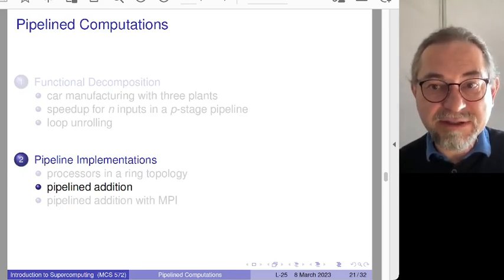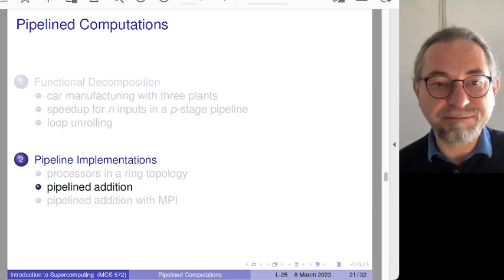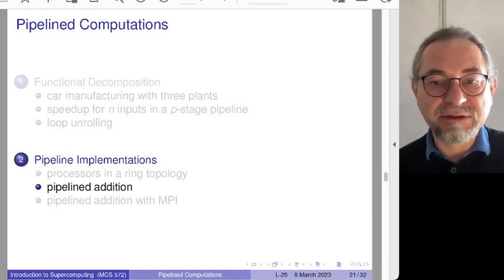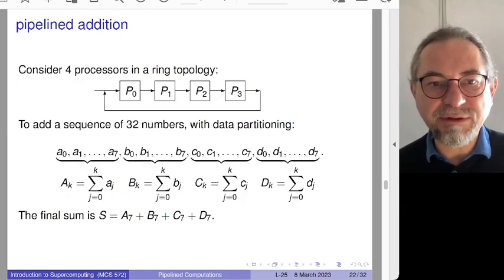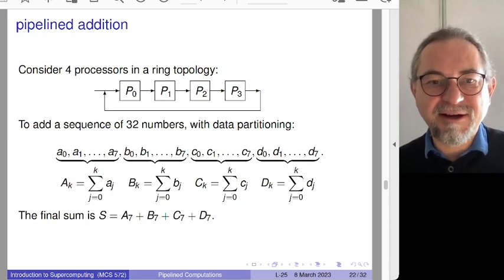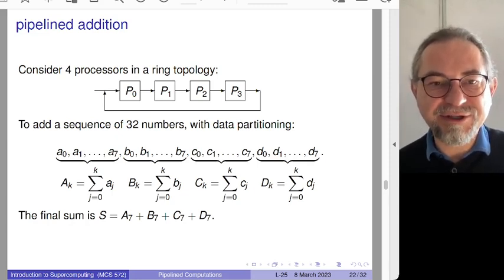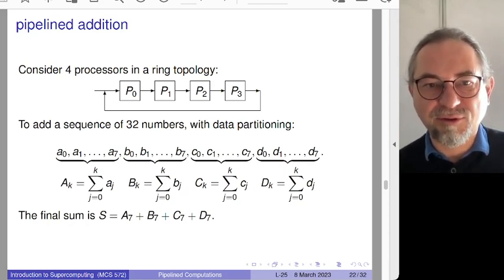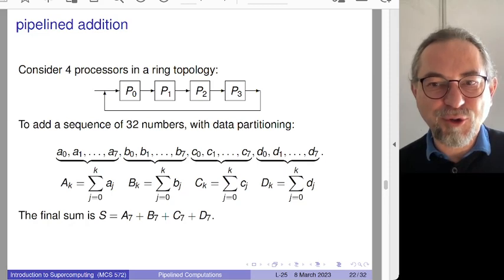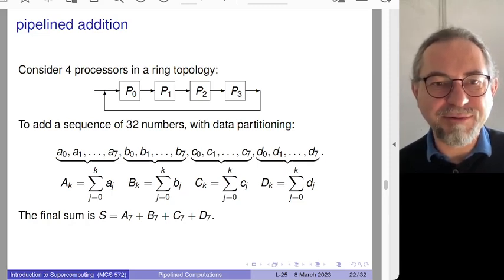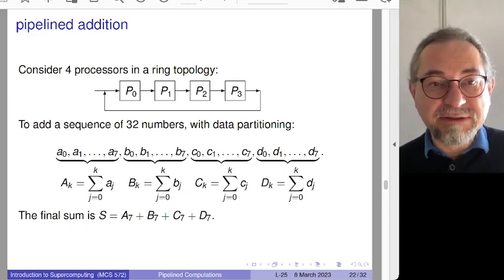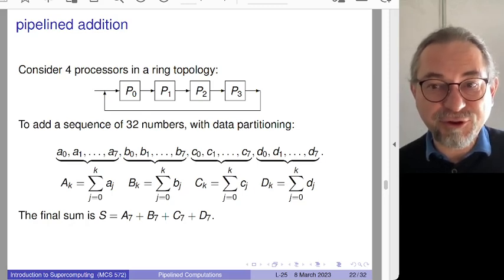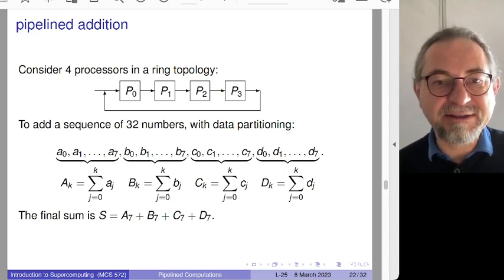Let's now apply this in an example where there is potentially parallelism. So we will consider the pipelined addition. So in some sense, this is rather strange, but it could be a template for computations that are not so awkward. So this is functional decomposition, but we apply data partitioning.